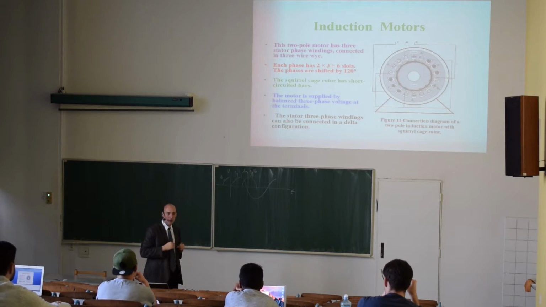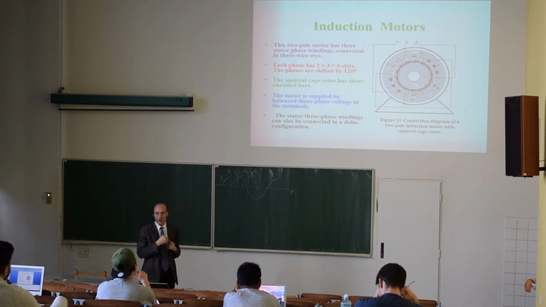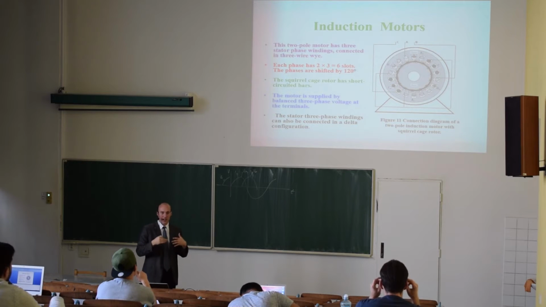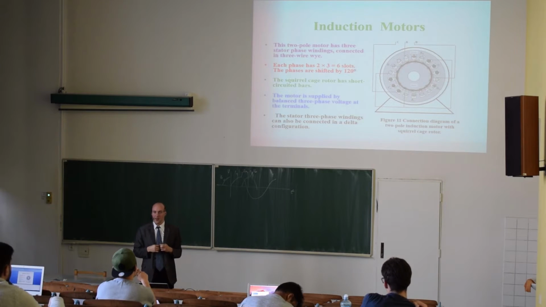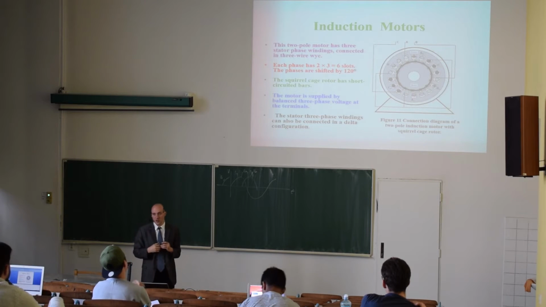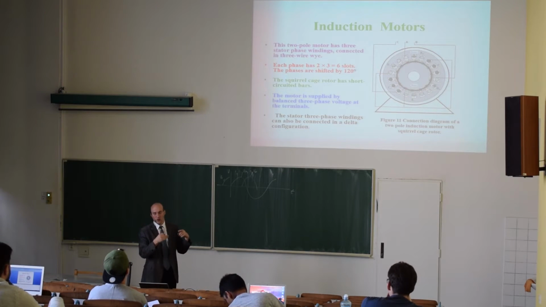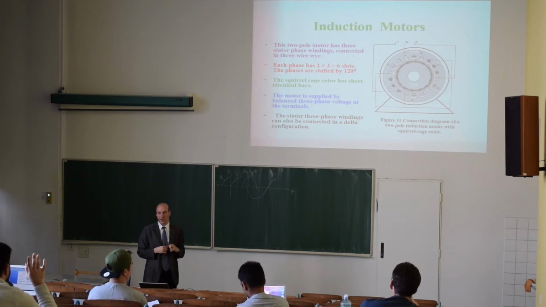So an induction motor will always have a lower speed of the rotor, because if it would have the same speed, there would be no torque and no current in the rotor. So for this reason, induction motors are also called asynchronous motors, because the rotor is always moving at a smaller speed than the magnetic field in the stator.